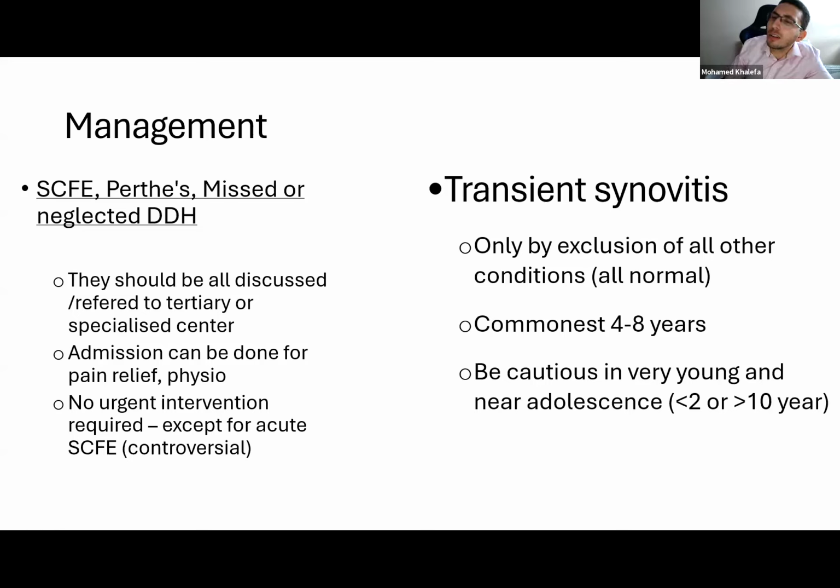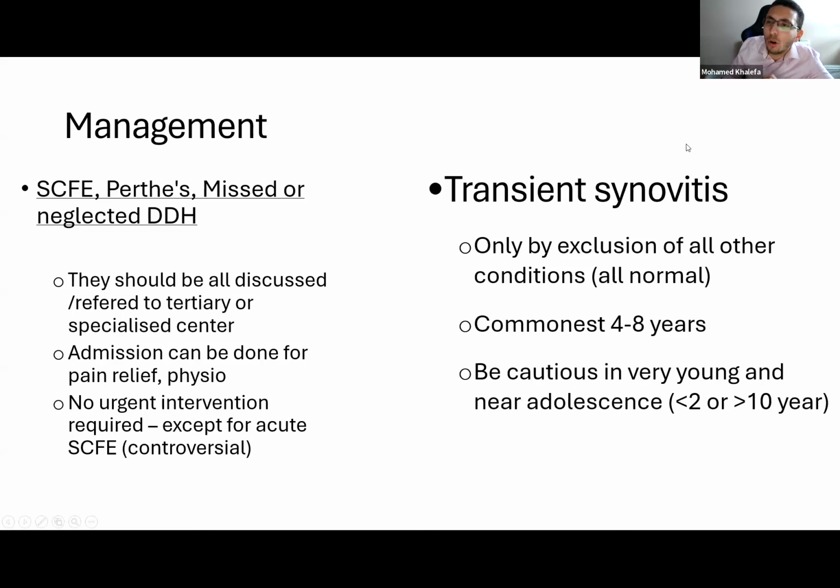There are some algorithms that say you do it within 24 hours. Some algorithms say you put them in traction for a week or 2 to convert them to subacute, and then you do it. I don't think they will ask about this controversy, but they have to have a plan. You don't just discharge the patient. These patients should be followed in a specific clinic or referred to a tertiary center. But you can admit them for pain relief and physio.